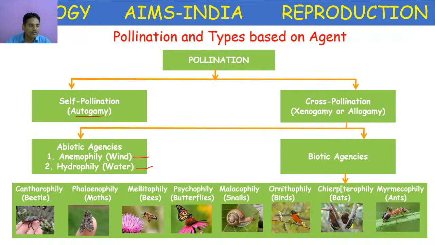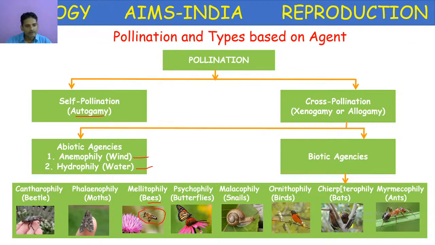If pollination is taking place by beetles, it is called cantharophily. If cross-pollination is taking place by means of moths, it is called phalaenophily. If it takes place by bees, it is called melittophily.